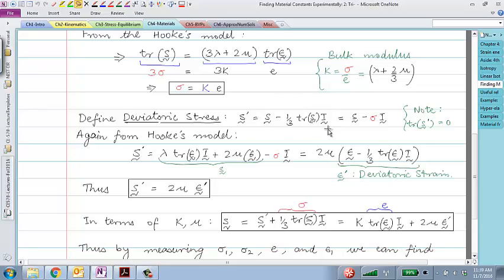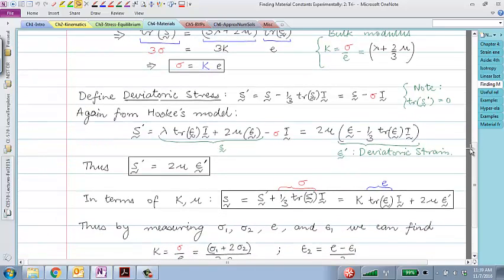This is a very common definition for deviatoric tensors in general. For a stress tensor, the deviatoric stress is that tensor minus 1/3 trace of that tensor times identity. And for this particular state of stress, we already defined 1/3 trace of stress as the effective or equivalent pressure. So S minus sigma I, that's the deviatoric stress.